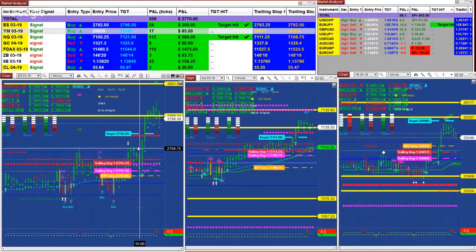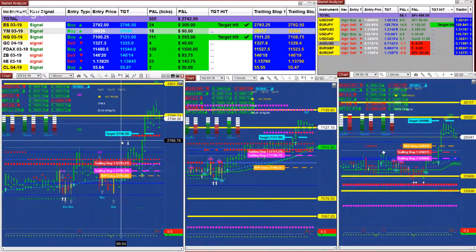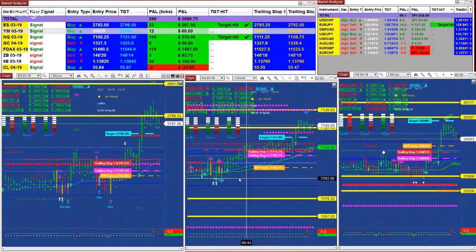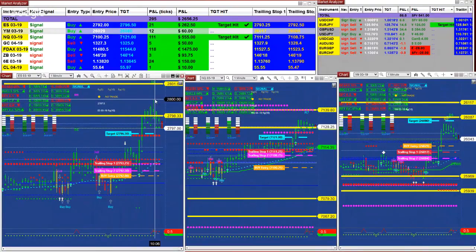If you are not trading at the moment, I strongly advise you to cool off a little bit and see how this market is going to react after this jump, within a few seconds, from 27.9250 all the way to the high right there. So there is no way to the 800 level.